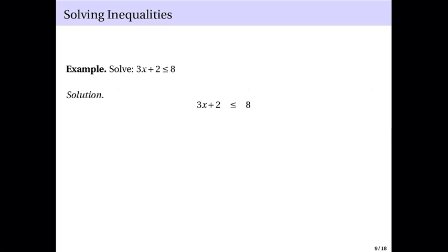In this inequality, you see a linear expression only. We have the variable x and the expression 3x plus 2, just a linear expression. On the other side, we just have a constant.